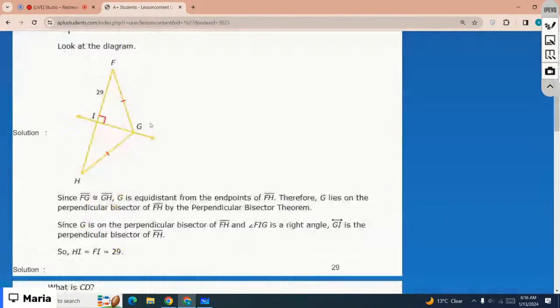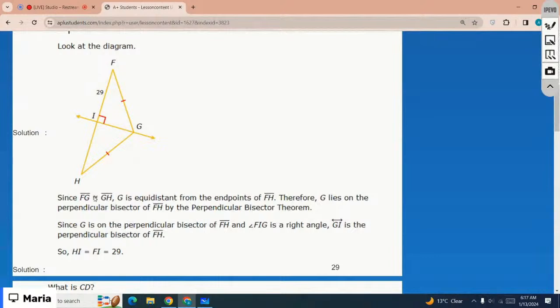Since FG and GH are, I forgot what. No, not perpendicular. They are equal in length, right?